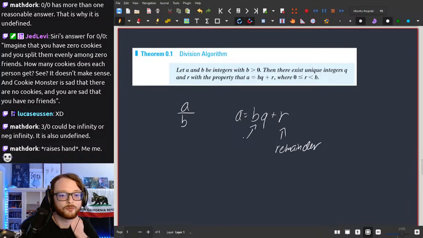Maybe it's easier to see with an actual example.